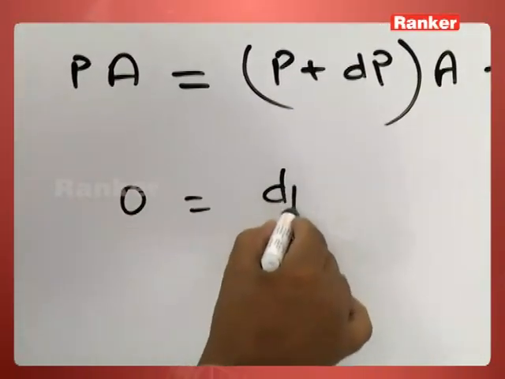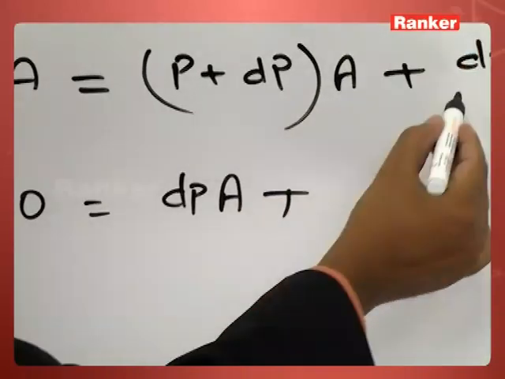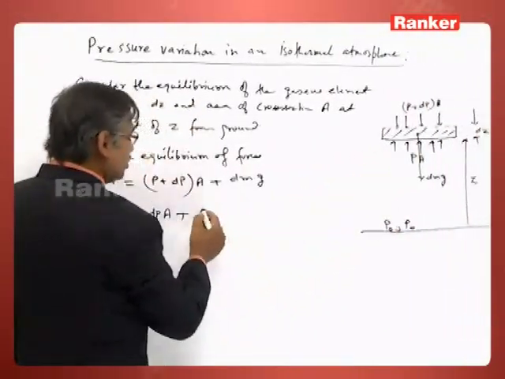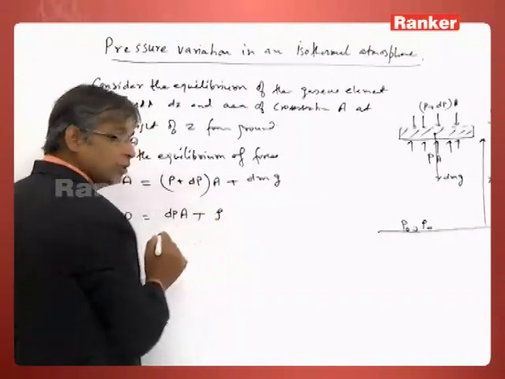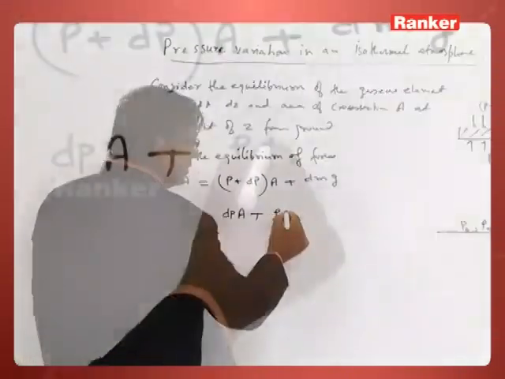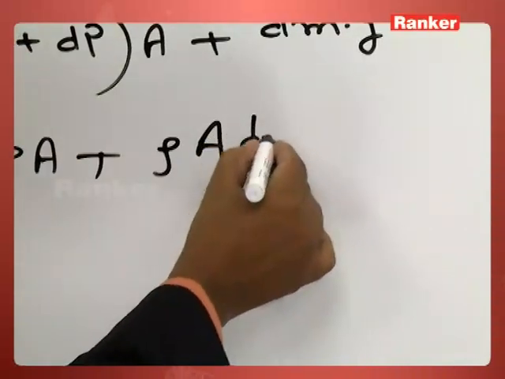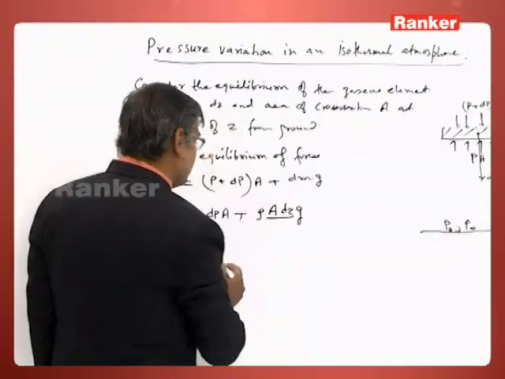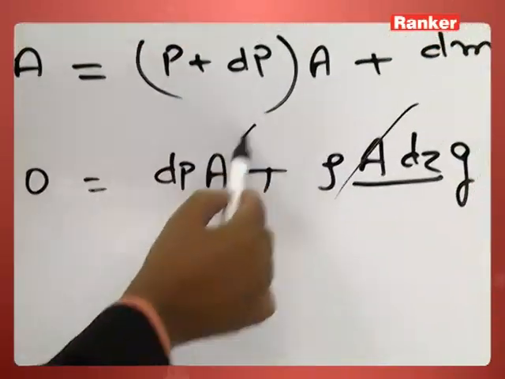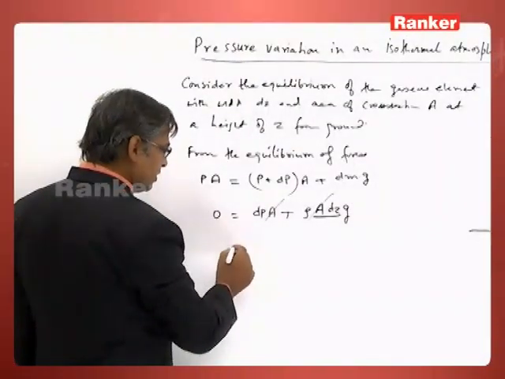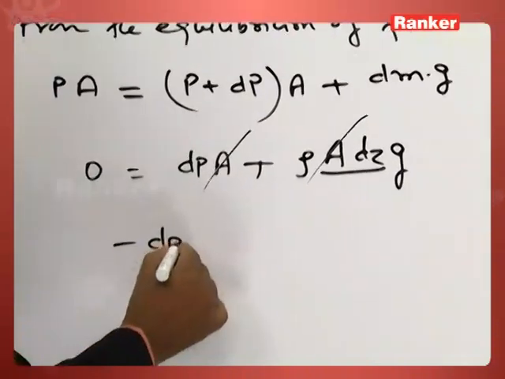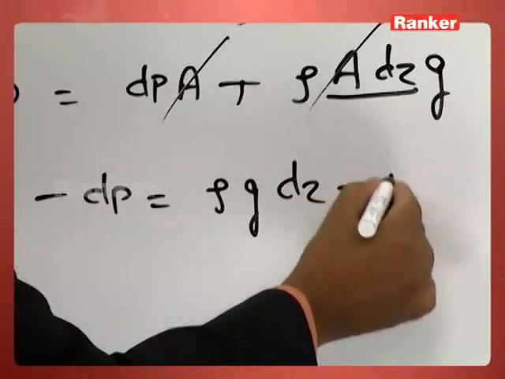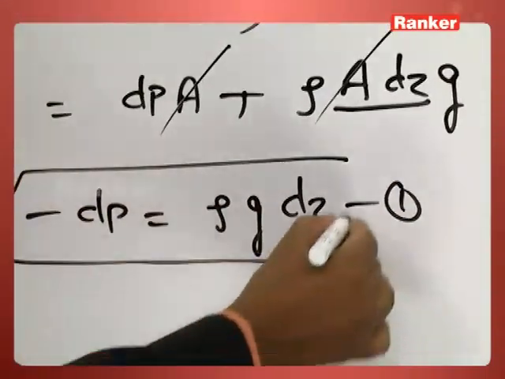So I will write dP into A plus dm is rho, the instantaneous density of the gas at this place, and A dz is volume, into g. So you can see here A also gets cancelled. So we have minus dP is equal to rho g dz. This is equation number 1, we can say.